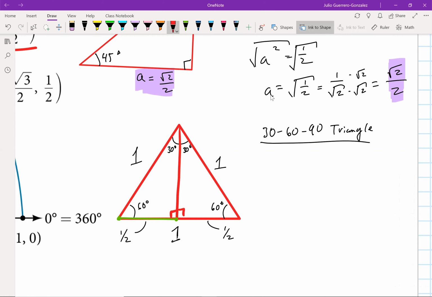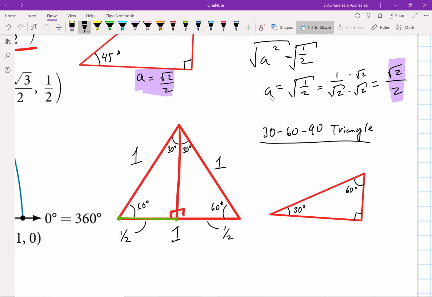And I'm going to go ahead and draw it. So I'm just going to take one of these, right? Okay. So 30 degrees, 60 degrees, 90 degrees. Got it?